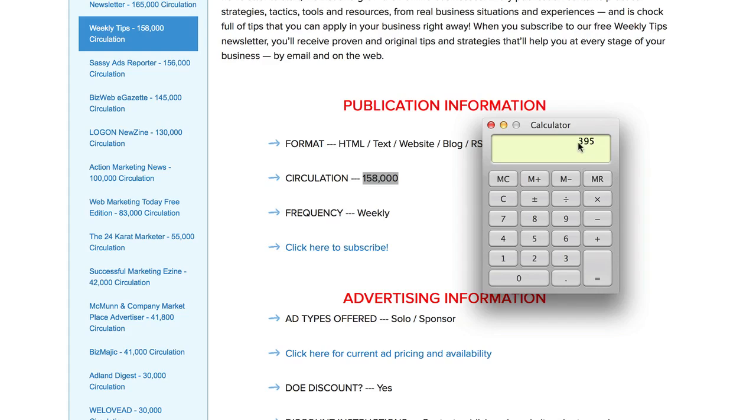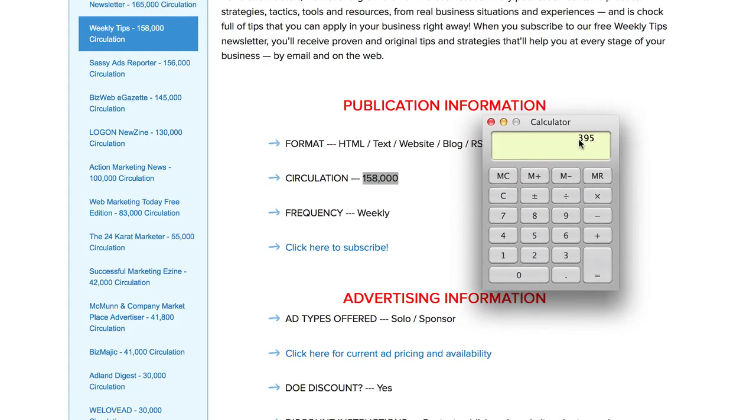That means about 395 people get to your landing page. Again, these are bottom line numbers, my friend. If I talked to a publisher whose open rate is 5% and click-through rate is 5%, that would be terrible.